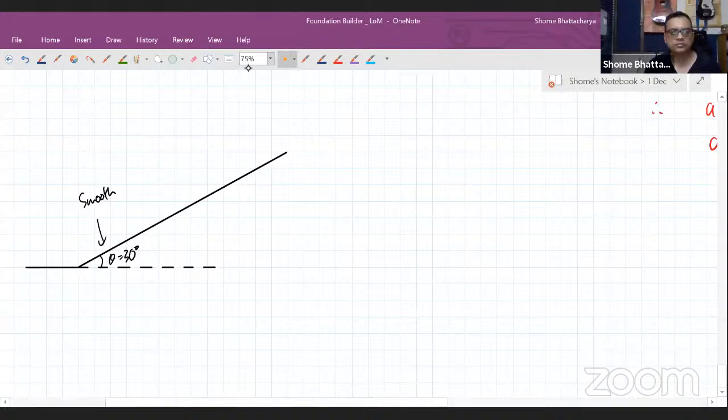Okay. Now the inclined plane has a pulley attached and a string going round.